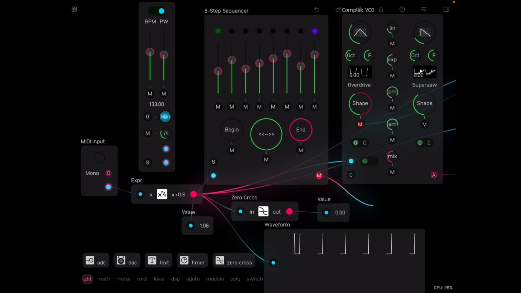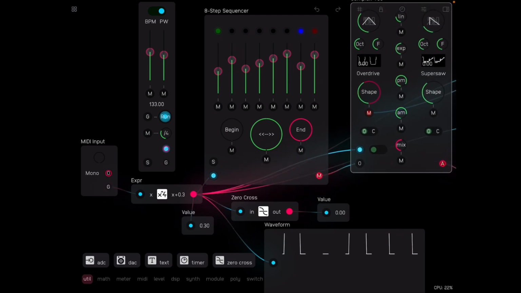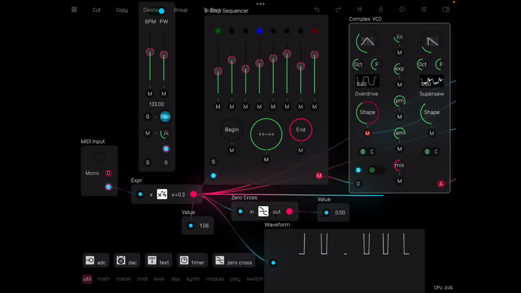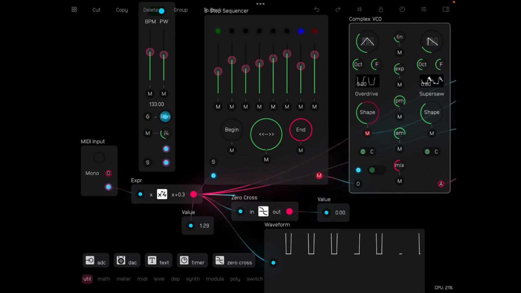And then from the sequencer out to the complex VCO, and then going from the complex VCO to the node expression to the sync, complex VCO. I don't really think I need that.